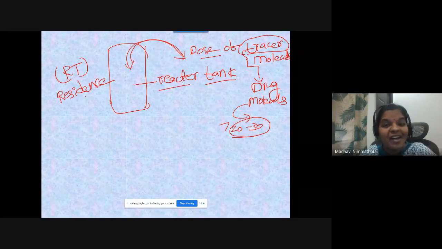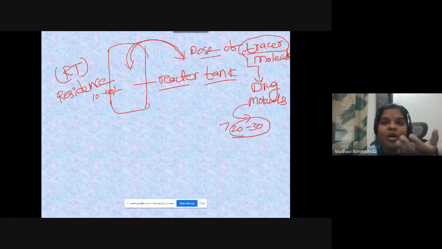We cannot calculate the individual particle residence time. That means we cannot assume that only one particle will stay up to 10 minutes or 20 minutes, because the drug molecule will have more than 10 particles.